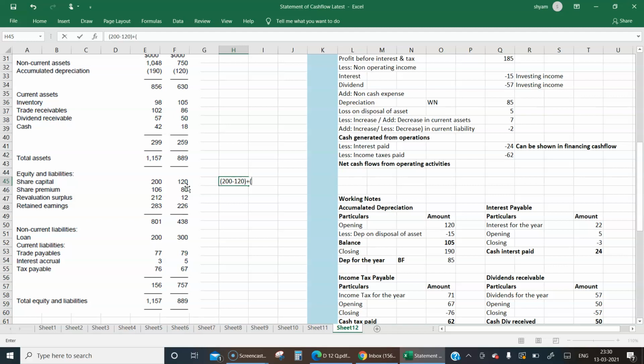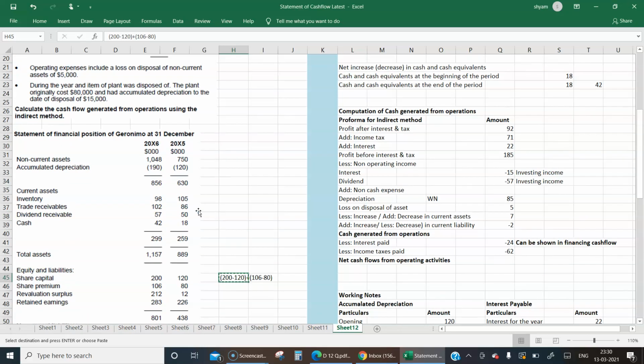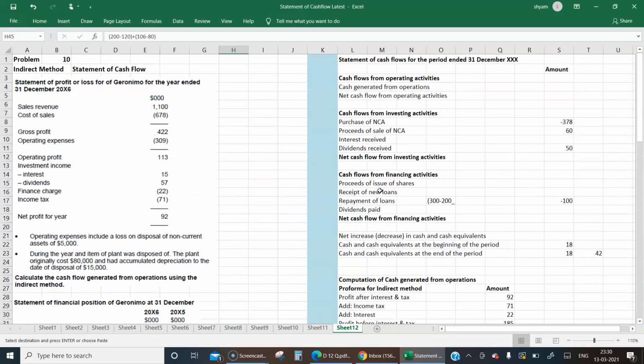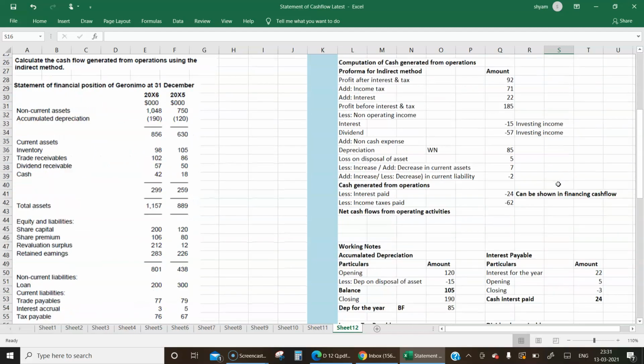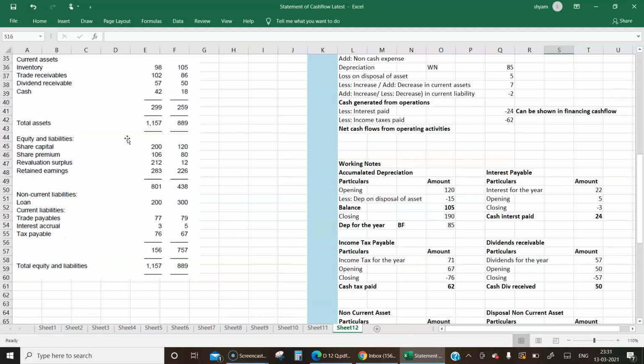The shares have been issued at a premium, because last year it was just 80, this year it was 106. So again we have to show both. We'll go to issue of shares. Okay, 106, so we got that. So the premium is over.